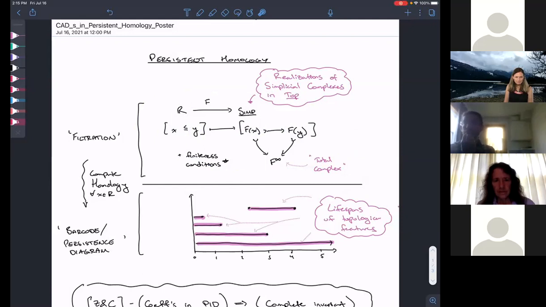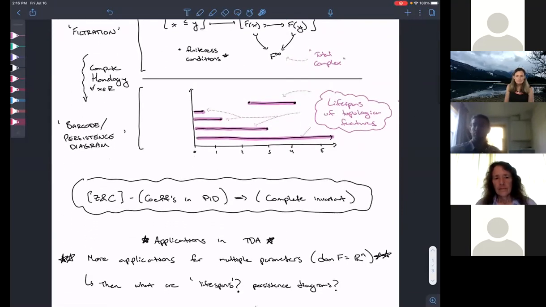Usually you have some finiteness conditions, like they only change at finitely many points in the domain. You can compute homology at every point in the real numbers and get this barcode or persistence diagram, which summarizes the lifespans of the homology classes that show up throughout this filtration.